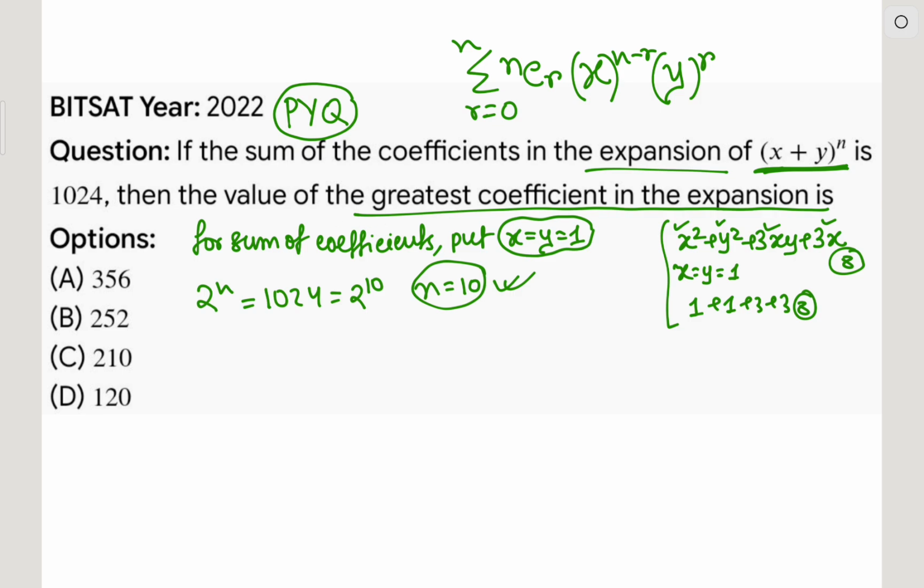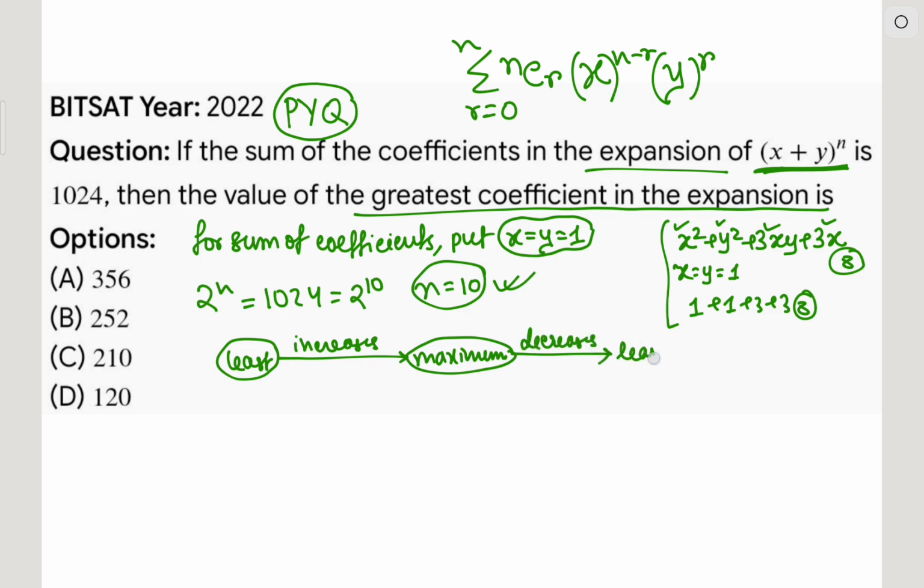Now remember another trick. The trick is that for any given binomial expansion, the value is least, then it increases, becomes maximum, and again decreases and becomes least.